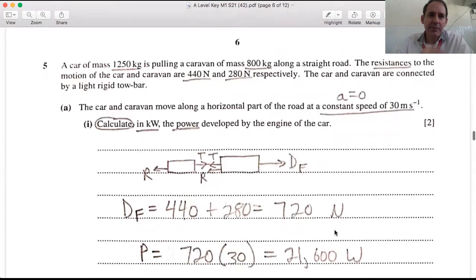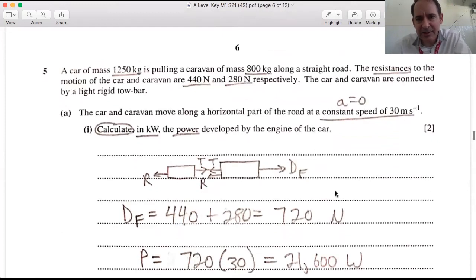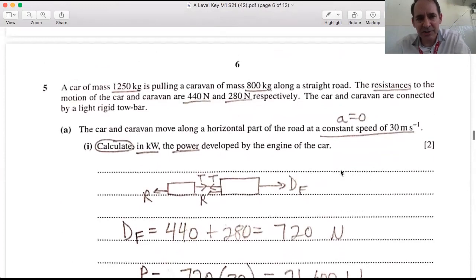Going on to number 5. A car of mass 1,250 kilograms is pulling a caravan of mass 800 kilograms along a straight road. The resistances to the motion of the car and caravan are 440 newtons and 280 newtons respectively. They're connected by a light rigid tow bar.